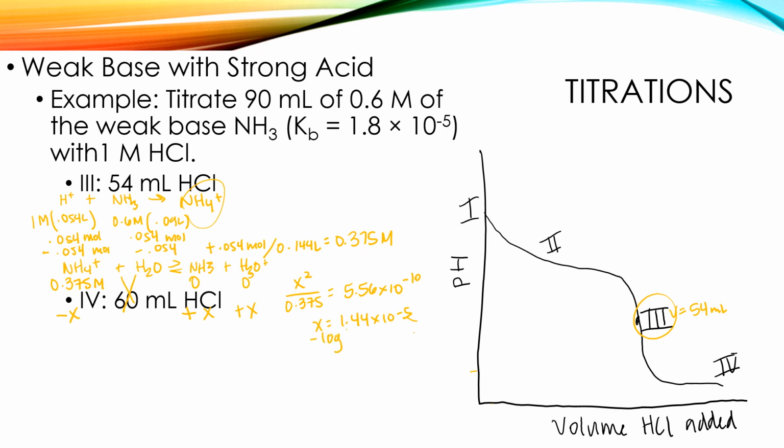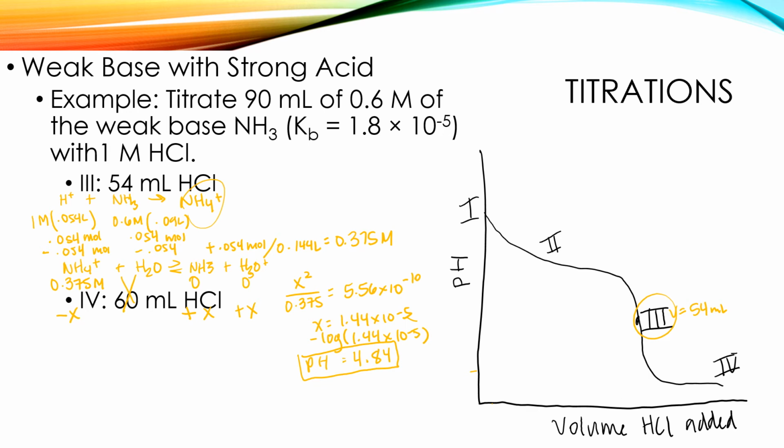And we take the negative log of that, and we get 4.84. Which is an acidic pH, which is what we expected.